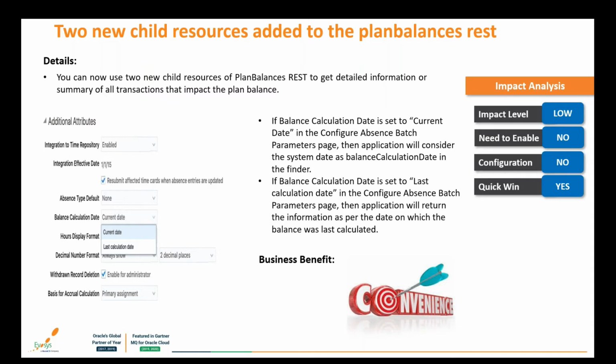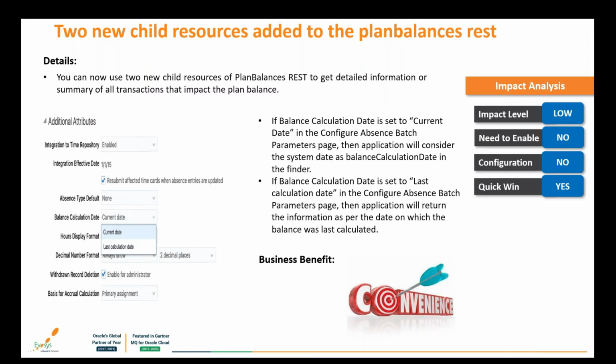The plan balance details child resource would give all the transaction related details that would impact the plan balances, and the plan balance summary child resource would simply give the summary of this information at transaction type level. You can also view what transactions basically contributed to the balance as of a given date for both of the child resources.